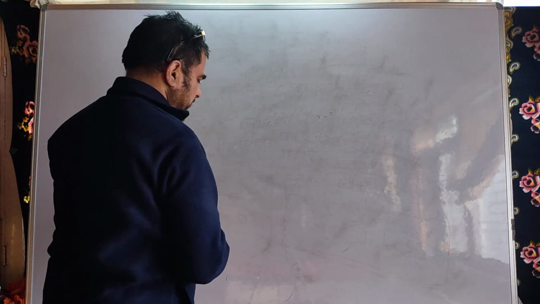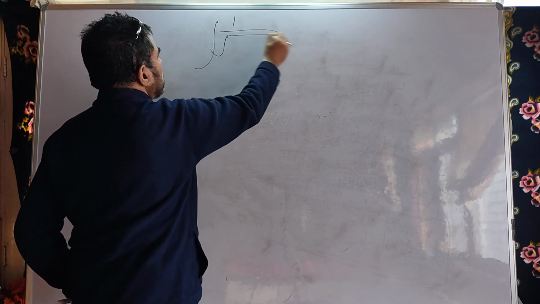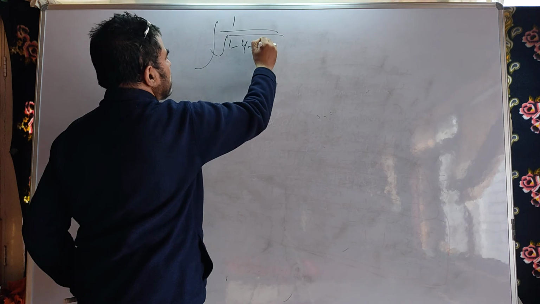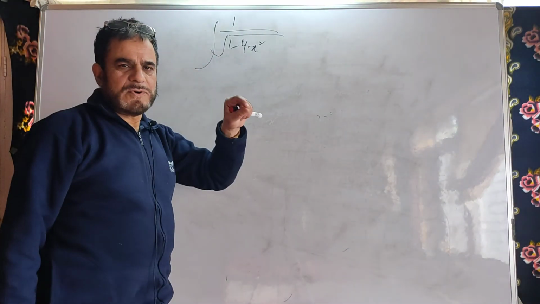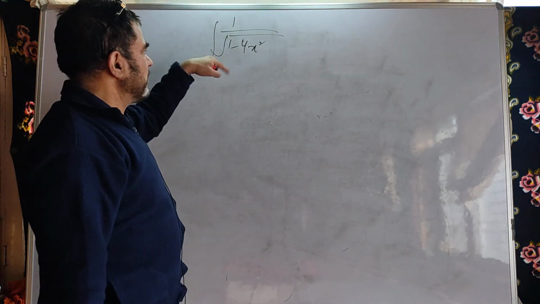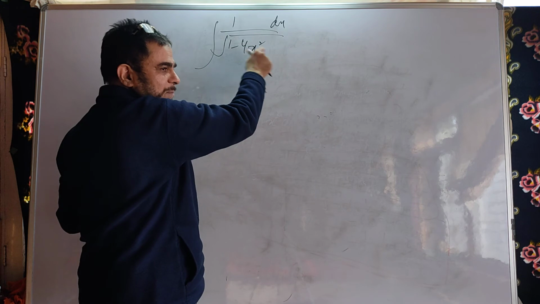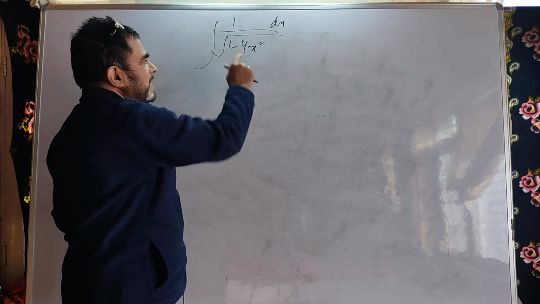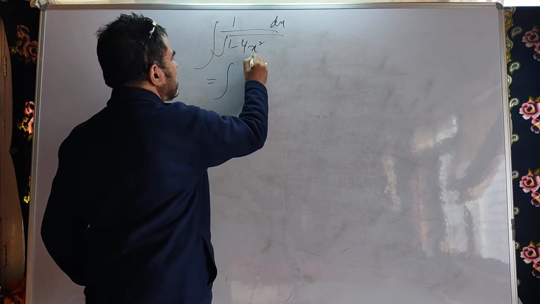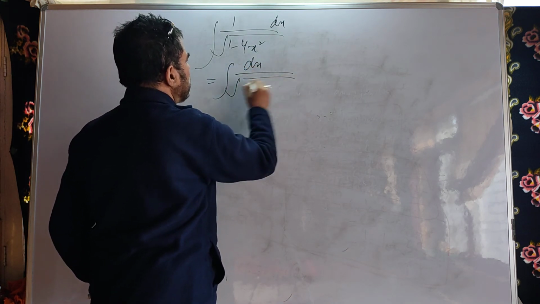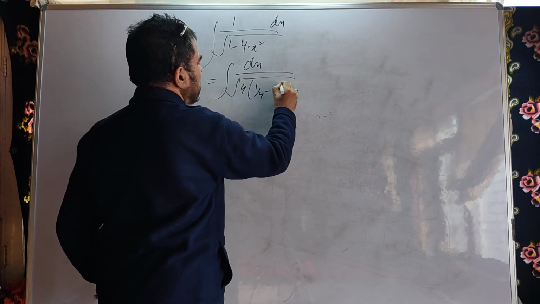Next, you may have to integrate 1 by under root of 1 minus 4x square. You see, we will get rid of this 4 because we have the previous formulae that I have given you: dx by a square minus x square, a square plus x square, and x square minus a square, like that. So why not write it as integral of dx by under root of 4 times 1 by 4 minus x square.